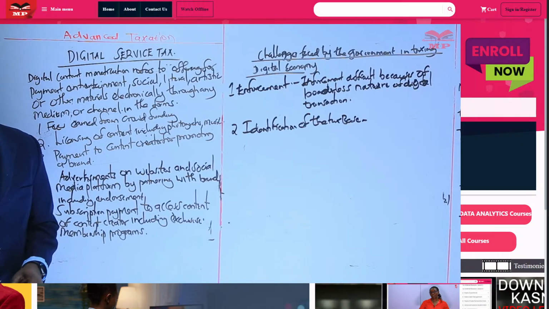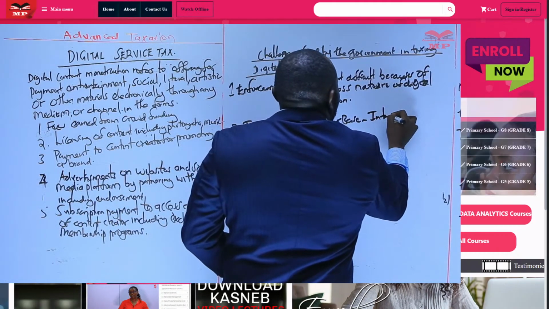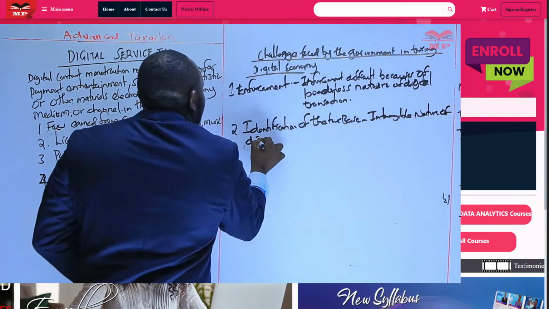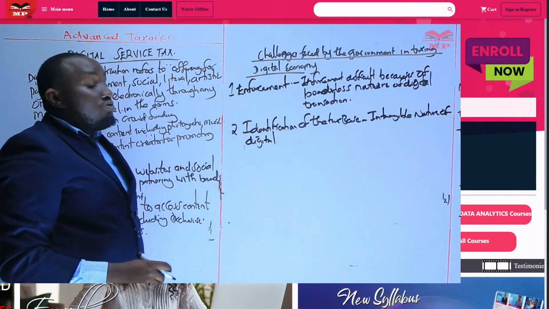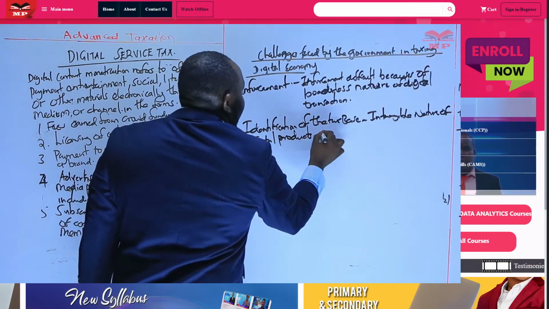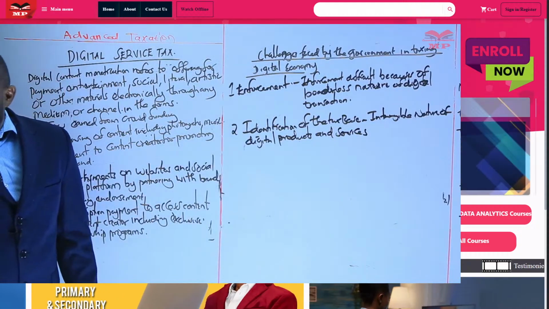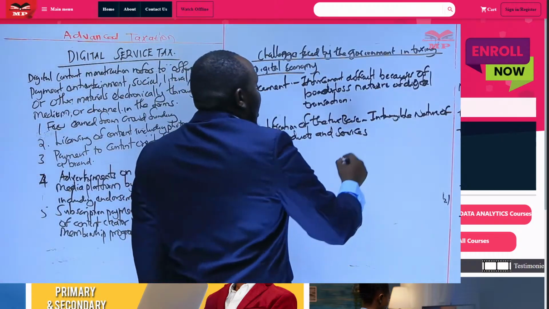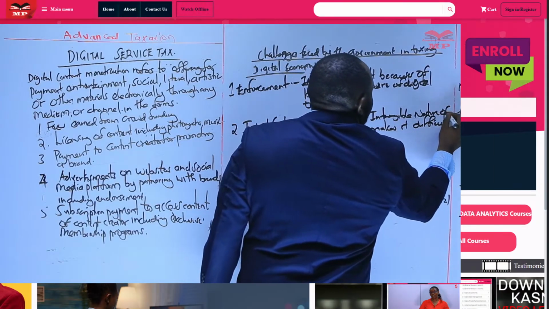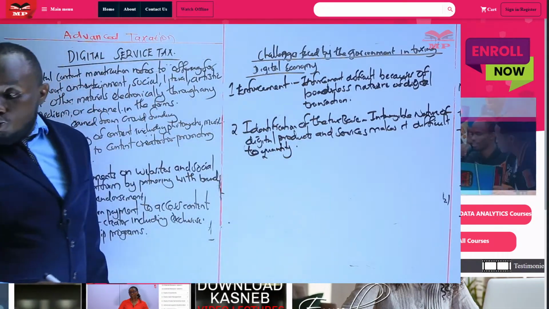For example, the intangible nature of digital products and services makes it very difficult to quantify.